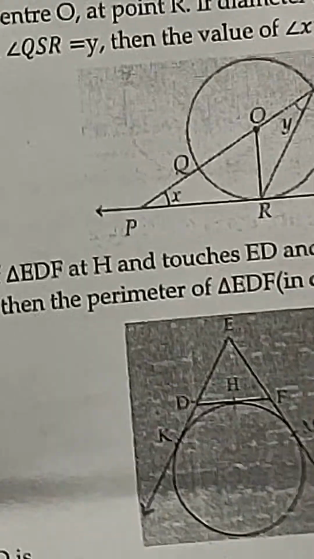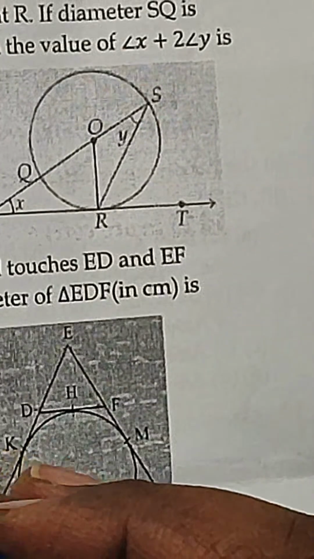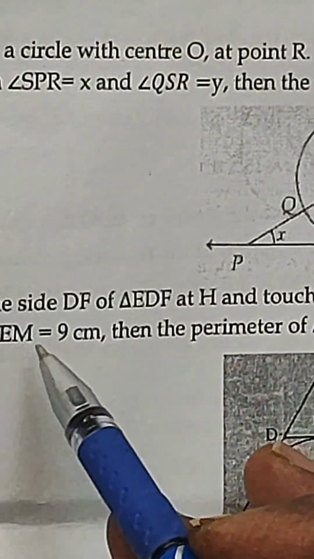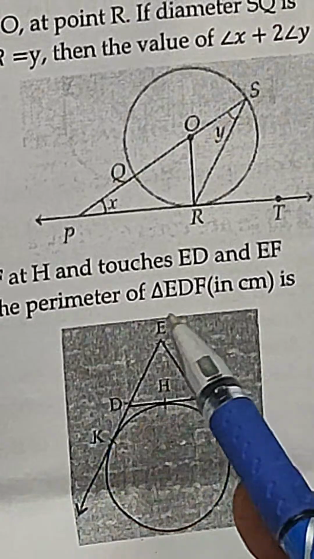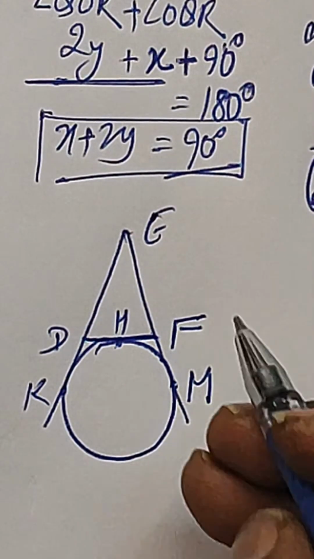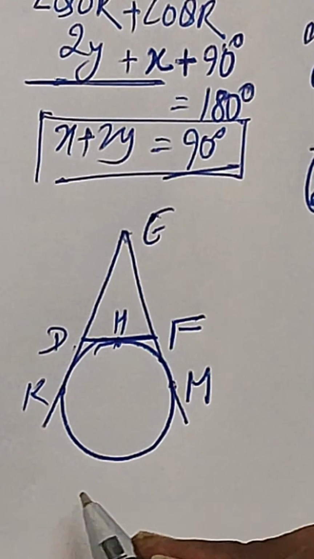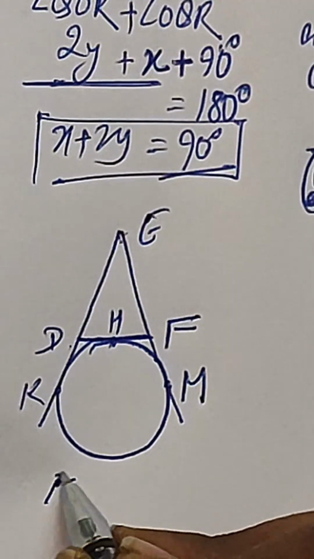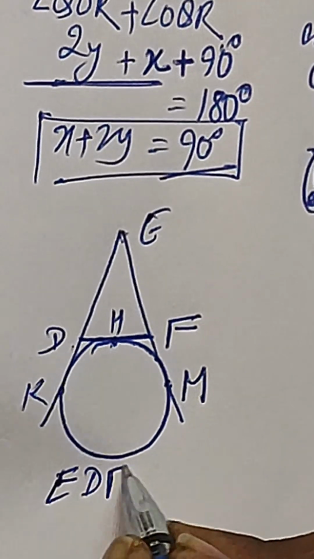In the given figure, if EM is equal to 9, then we need to find the perimeter of triangle EDF.